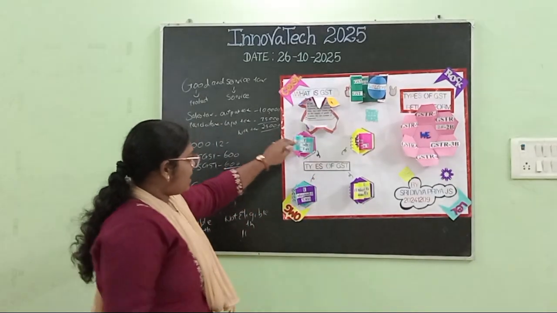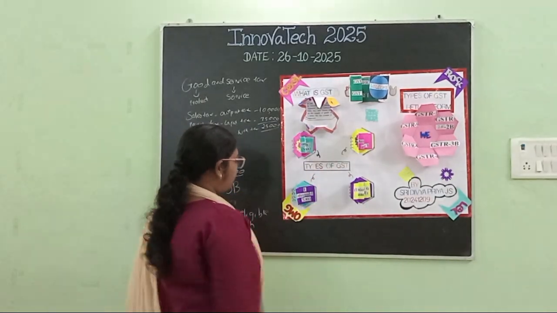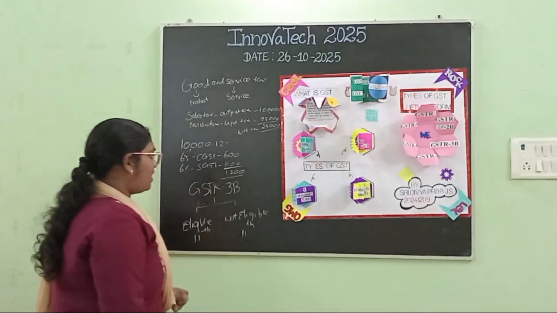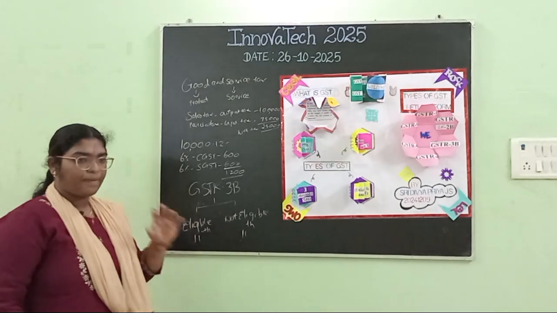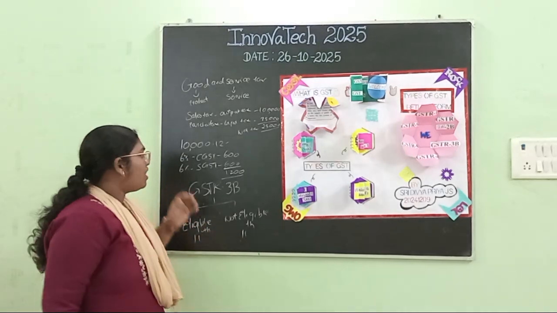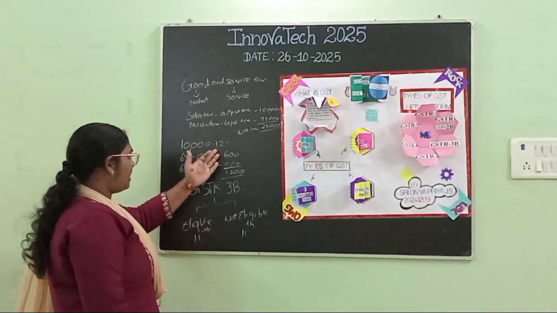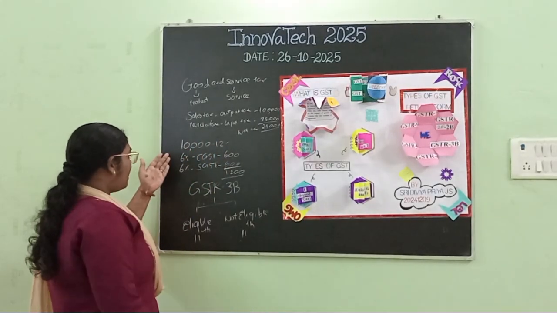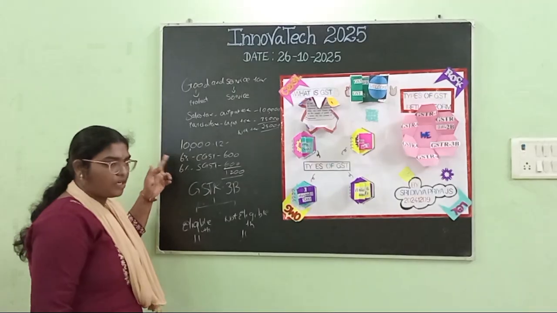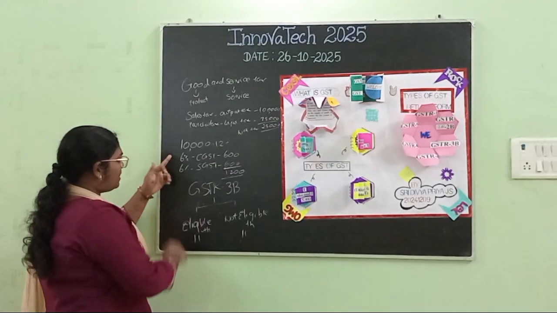Let's combine CGST and SGST. For example, if I sell a product worth 10,000, the tax percentage is 12 percent. This 12 percent is divided into two, 6 percent each.